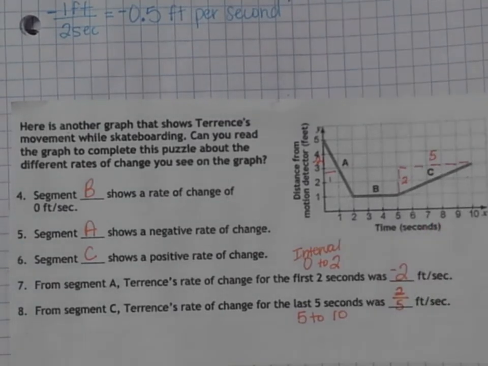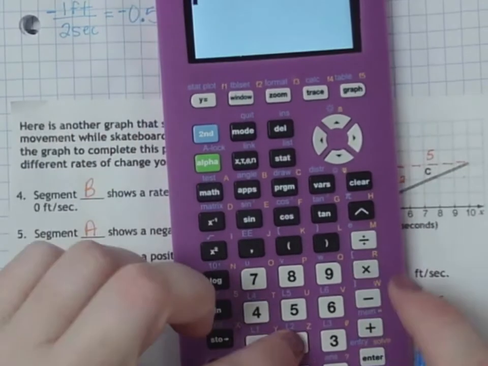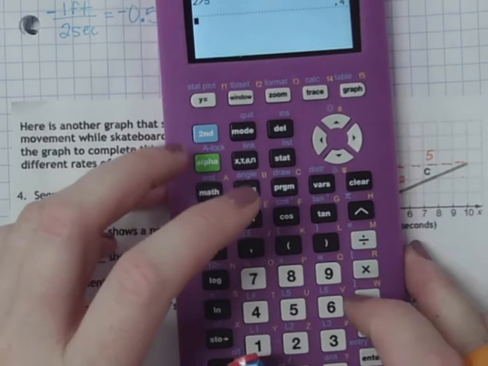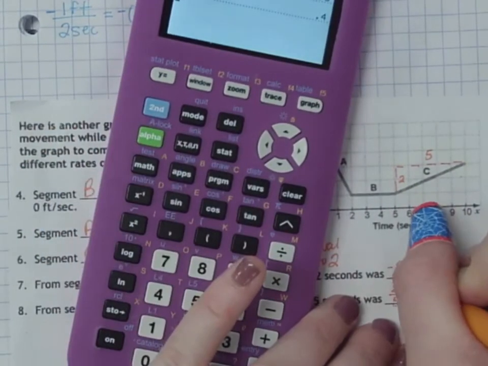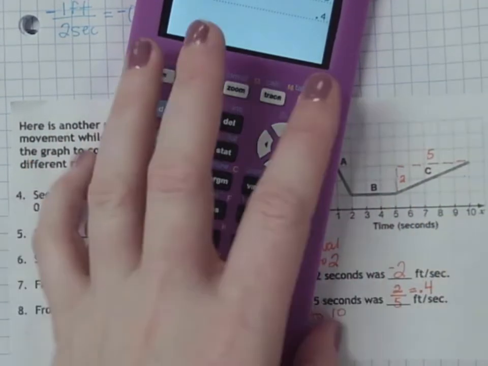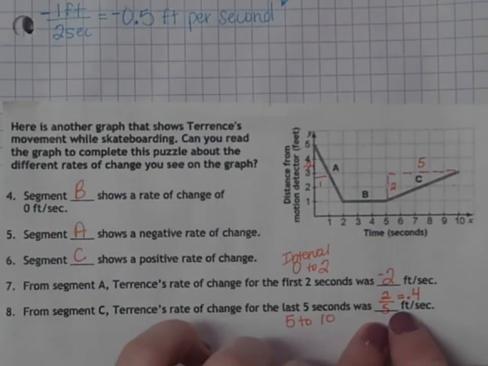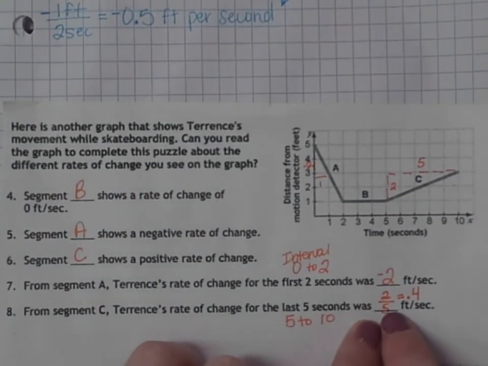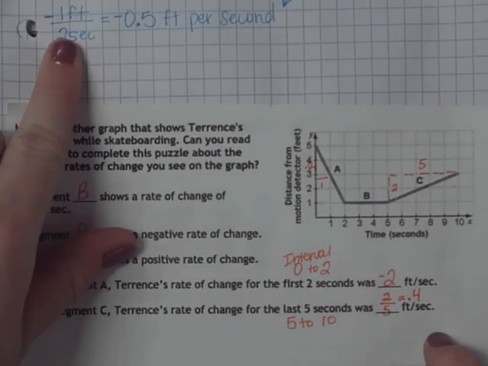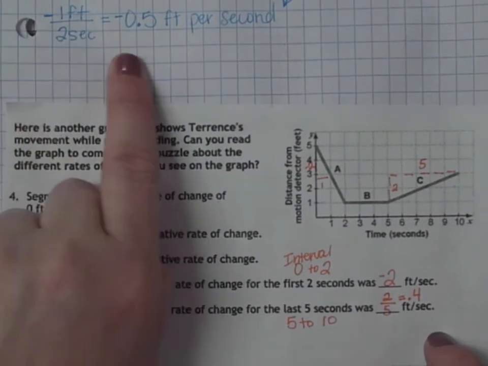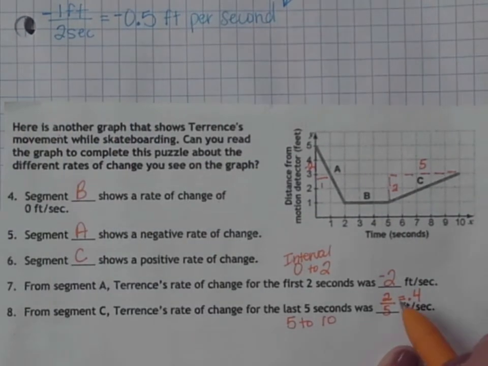You could write it as 2/5, or you could give the decimal, which is 0.4 feet per second. You need to be familiar with either leaving it as a fraction in this case or leaving it like that. Sometimes you'll see it left as 1/2, sometimes you'll see it as 0.5, so you need to be familiar with having it be 2 over 5 or 0.4.